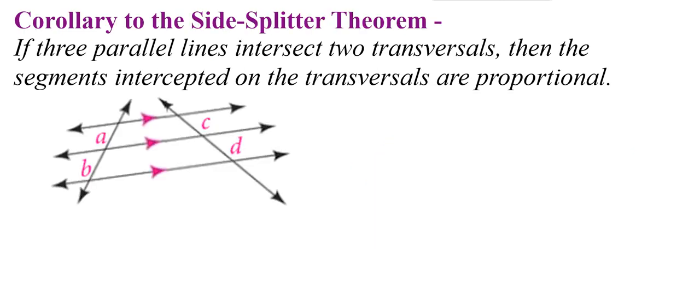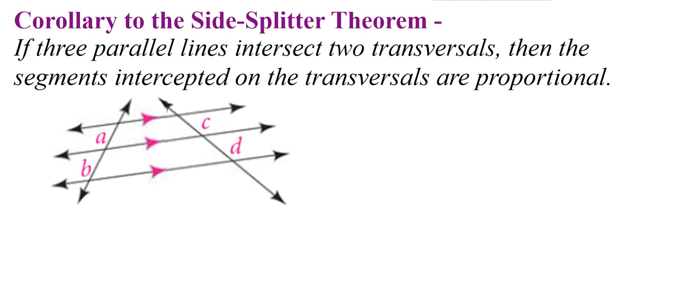So let's look at another Sidesplitter theorem. This doesn't work with just triangles. We can again see that with any three parallel lines intersecting two transversals. Our transversals are here and here. There are three parallel lines. The segments intercepted on the transversal are proportional.